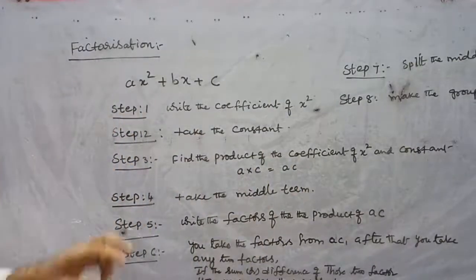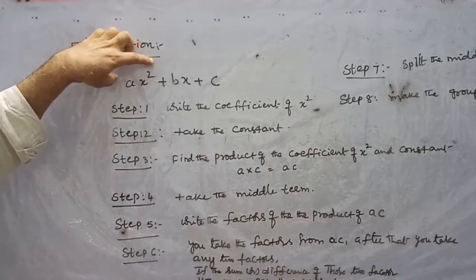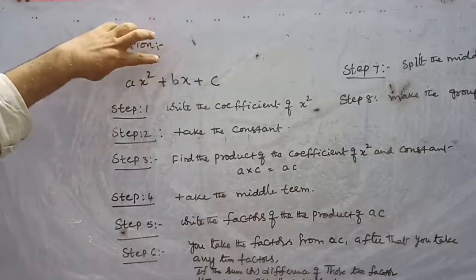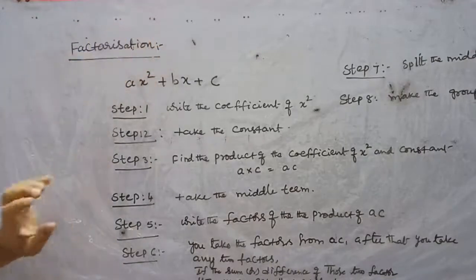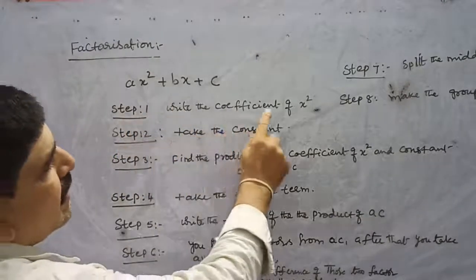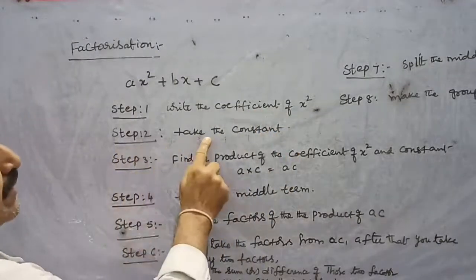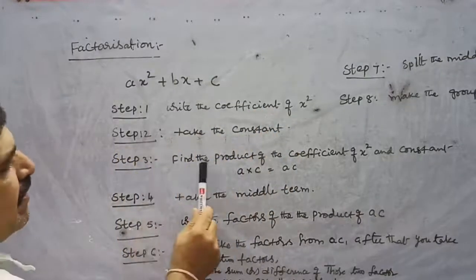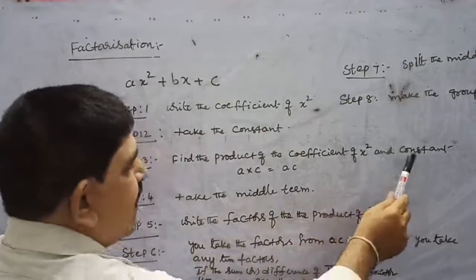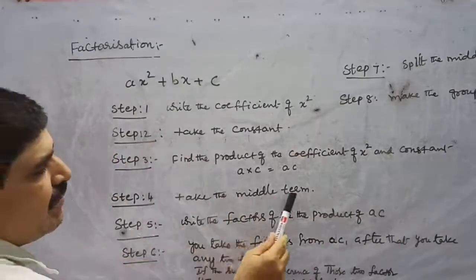See here, factorization. The general form of a quadratic polynomial is ax square plus bx plus c. To find the factors of the given quadratic polynomial, we have to follow some rules. Those rules are: first rule, step 1, write the quotient of x square. Step 2, take the constant. Step 3, find the product of the quotient of x square and constant, that is a into c is equal to ac. Step 4, take the middle term.